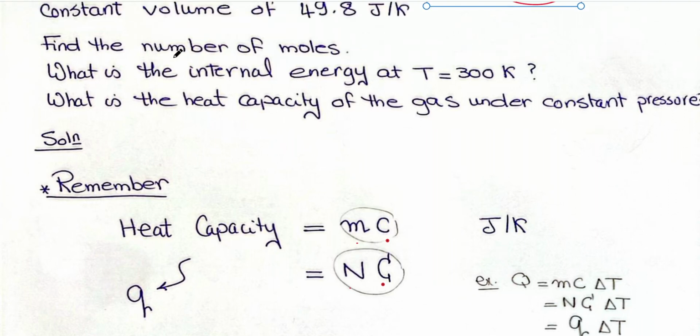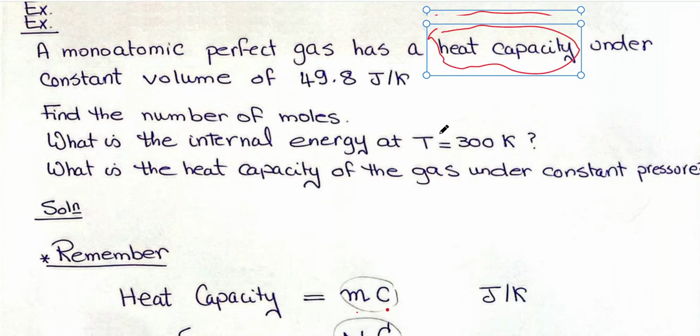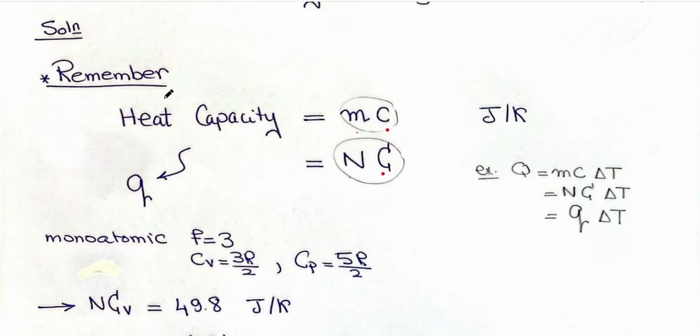It is required to find the number of moles, the internal energy at a certain temperature, and the heat capacity of the gas under constant pressure. The gas we are dealing with is monoatomic. So if the gas is monoatomic, we know that F is 3, Cv is 3R over 2, and Cp is 5R over 2.